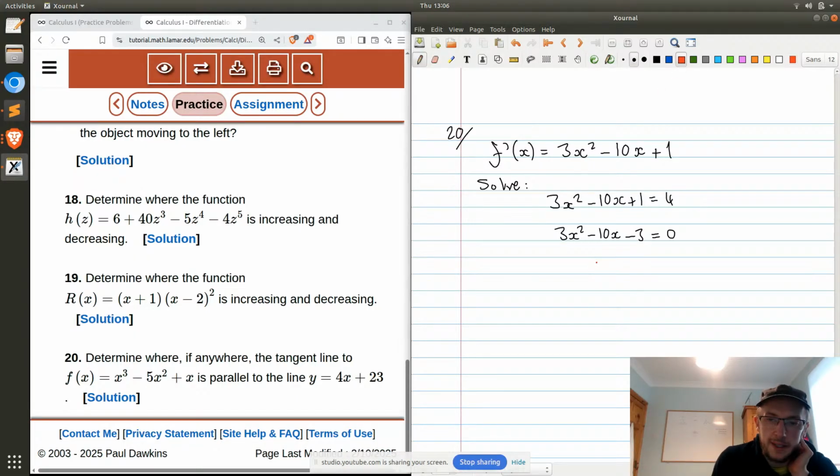Okay, so by discriminant, I get 100. And then there I get 9. So 136, which is not a square. But 136 is square-ish, isn't it? Well, 136. That's, what is that?